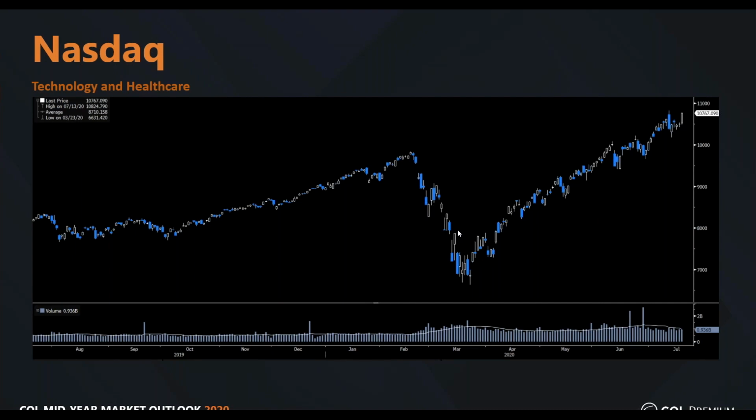This is the NASDAQ. This is where the technology issues are. Why did we say it's a weak bull? It's because it went to new highs already. In March there was a huge capitulation and it rallied all the way to new highs.